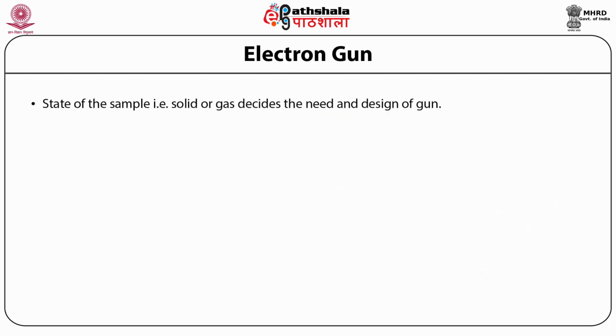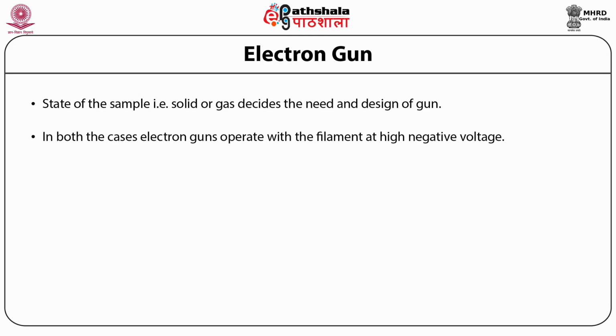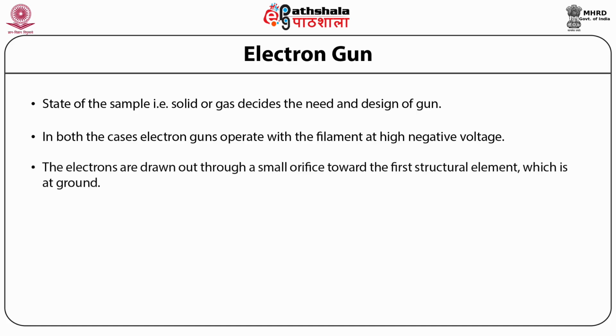The physical state of the sample, that is solid or gas, decides the need and design of the gun. In both cases, electron guns operate with the filament at high negative potential. The electrons are drawn out through a small orifice towards the first structural element, which is at ground.